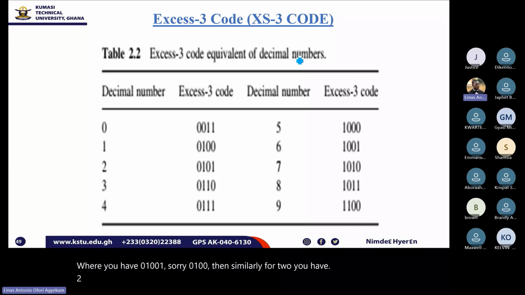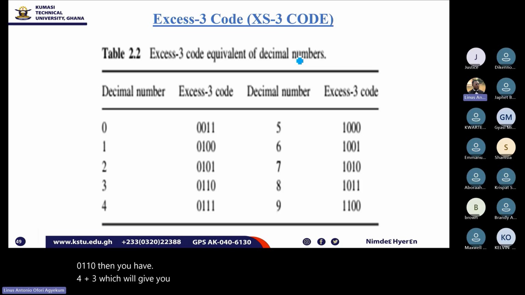So you have 0101. 3 plus 3 will give you 6. So you have 0110. Then you have 4 plus 3, which will give you 7. So you have 0111.